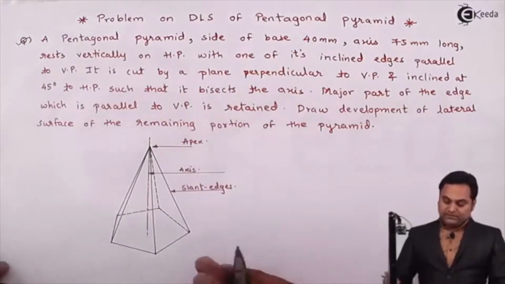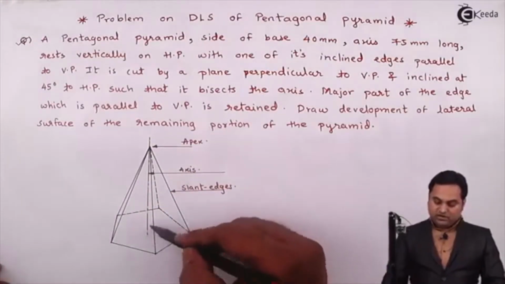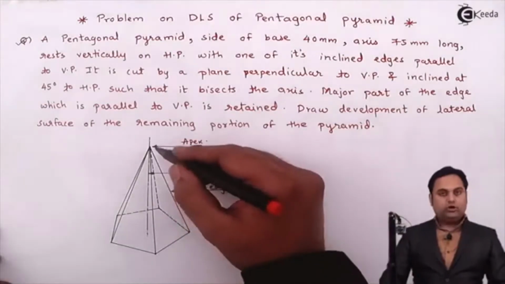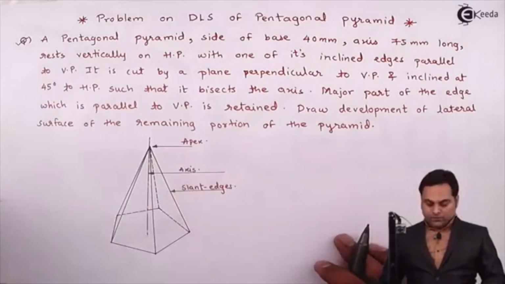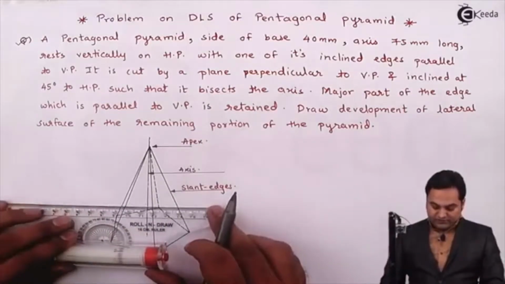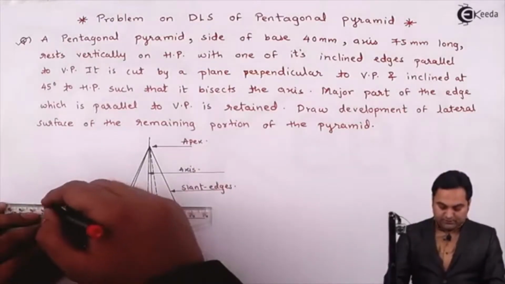Then these slant edges which are connected to the common apex are forming 5 triangular faces. So we have the triangular faces of the pentagonal pyramid.